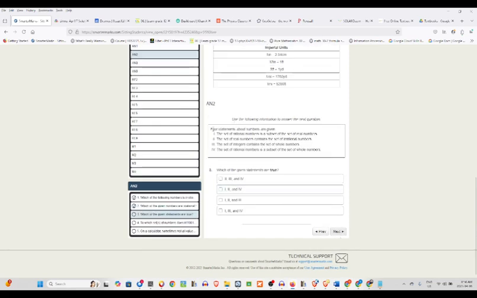Now, 4 statements about numbers are given. Which of these given statements is true? Now, we could have asked which is false, considering these are all sets of 3 statements, so they're all just missing 1. But we'll run through it anyway. The set of rational numbers is a subset of the set of real numbers.